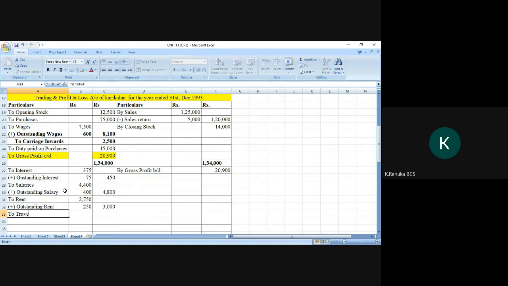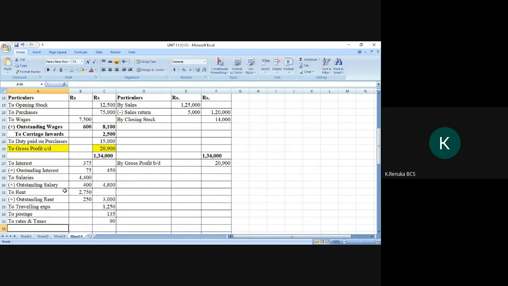For traveling expenses we don't have any adjustments, so we post the amount directly in the outer column. Next, to postage, they have given 135 to be posted in the outer column. Next, to rates and taxes, they have given you 90 to be posted directly in the outer column.